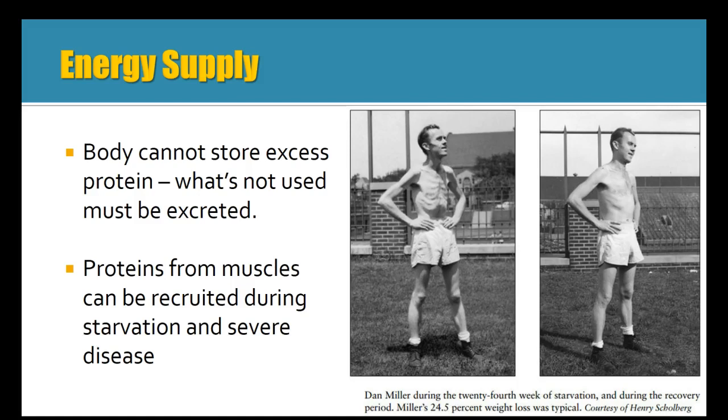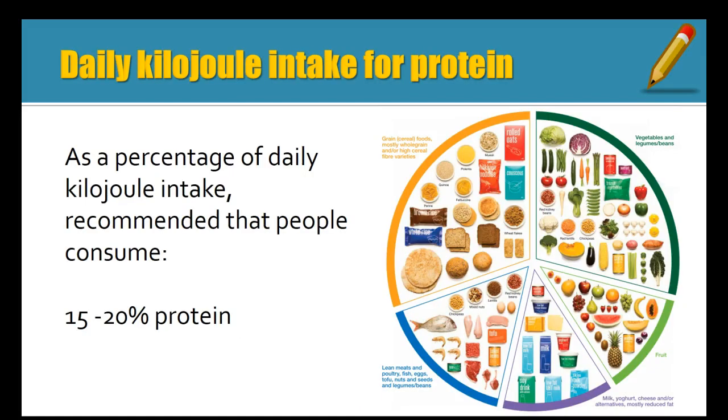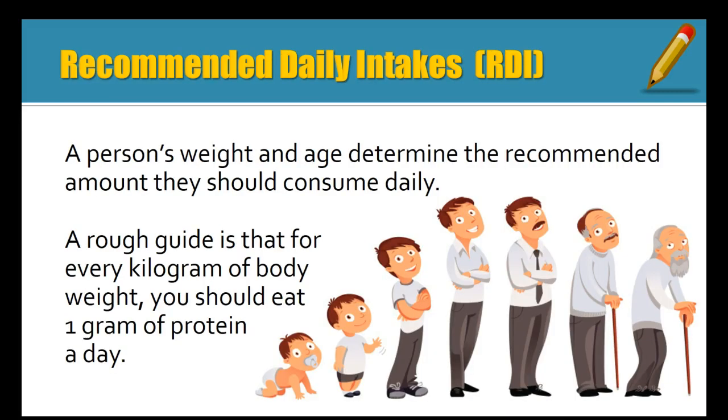However, proteins form muscles that can be recruited during starvation and severe disease. So you can actually get the breakdown of protein through muscle wasting. So in terms of daily kilojoule intake, you should be consuming about 15 to 20% protein, and that can be either complete or complementary proteins.